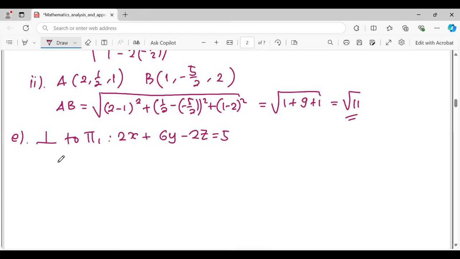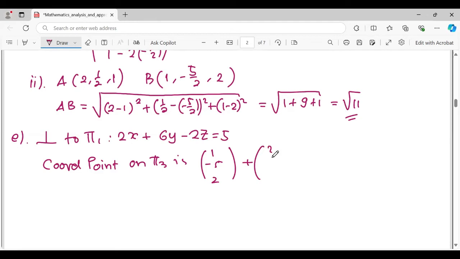And the coordinate point on pi 3 is 1 and minus 5 and then 2, plus 2, 6 and then minus 2.